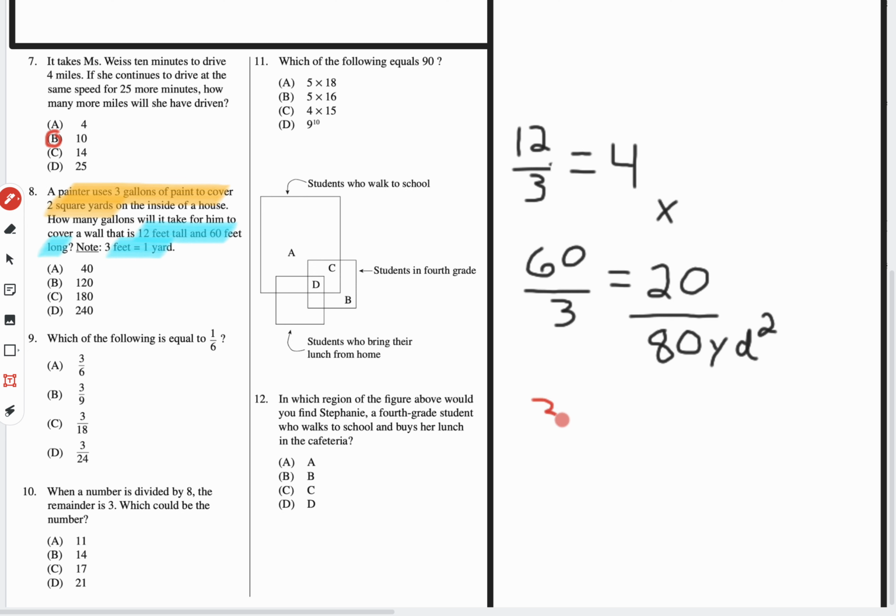Three gallons of paint for 2 square yards equals, our unknown will be gallons, or X, over 80 square yards.